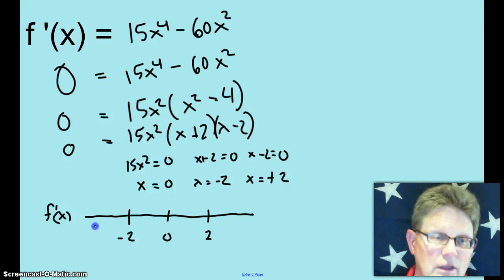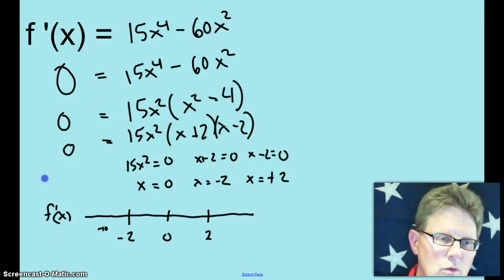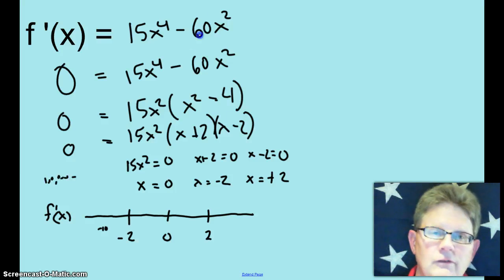All right, I think negative 10 is a good one because I can take that to the fourth power. That would be 10,000. 15 times 10,000. Wait a minute. A negative to the fourth power, that's going to be positive, and that's going to be a whole lot bigger. So that's 150,000 minus, all right, 10 squared is 100 times 60.